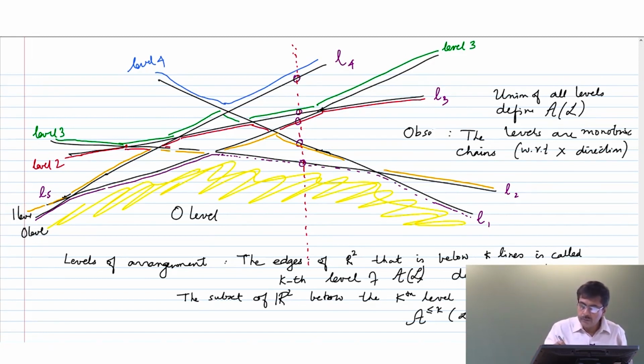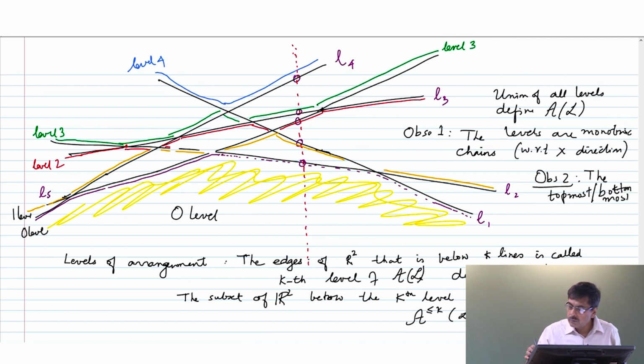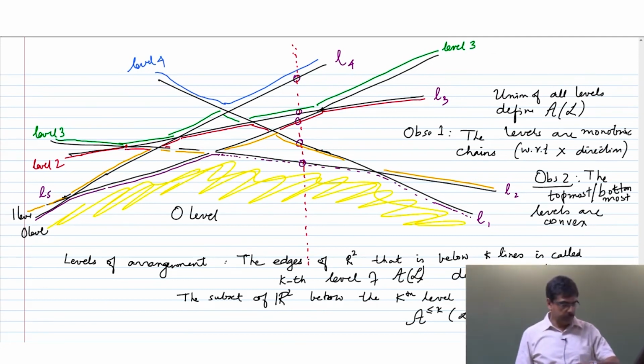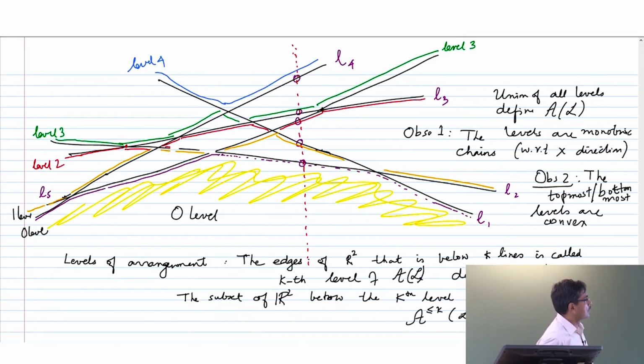So this is observation 1, and observation 2 is that the topmost and bottommost chains are not only monotonic, but also convex. These are the main properties that we get out of a level.